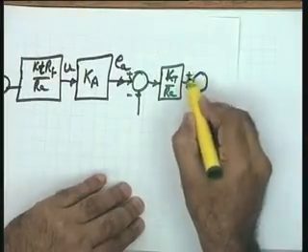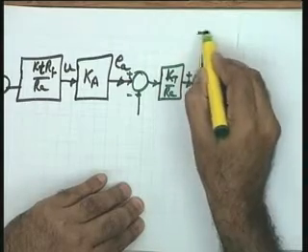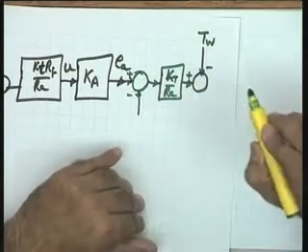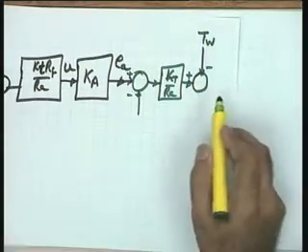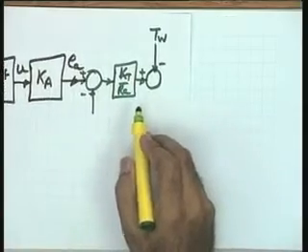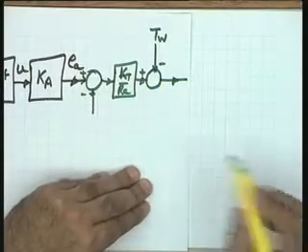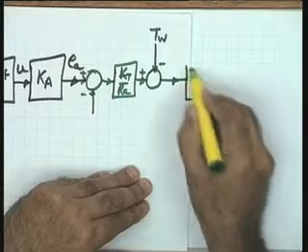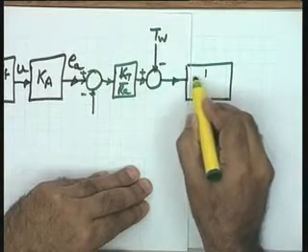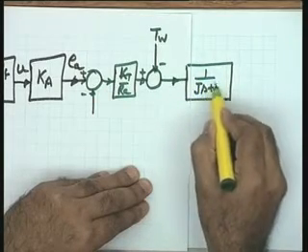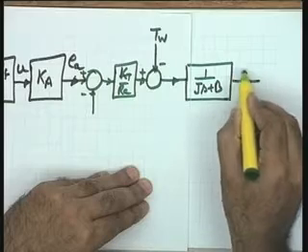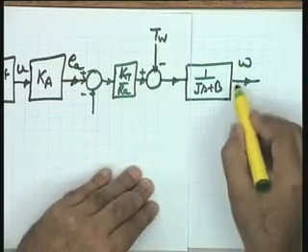Put another summing junction with a negative sign here. This is your Tw, the disturbance torque on the motor. This torque is available for driving the inertia. So, this is 1 over Js plus B. This is omega, the speed.